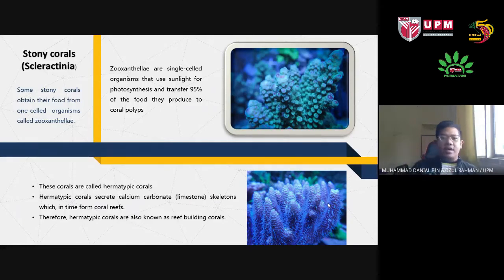As you can see on the right slide, both of these corals are from the family Acroporidae. They are commonly known as staghorn corals. Staghorn corals are most famous in Malaysia, and are a dominant group of reef builders.